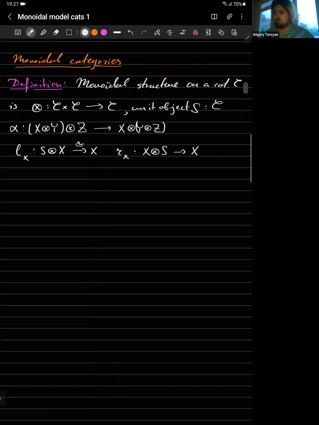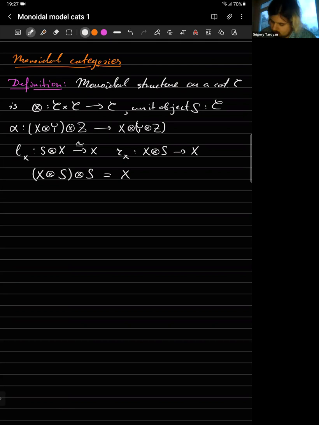And also we should have some coherence diagrams, meaning that, for example, if we take X times S times S, it is the same thing as just X. And so we can write similar diagrams to impose all the coherence conditions.